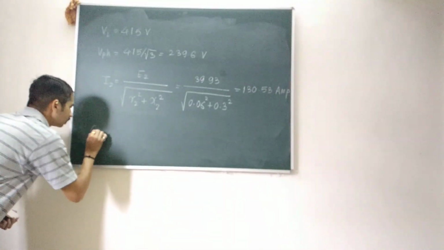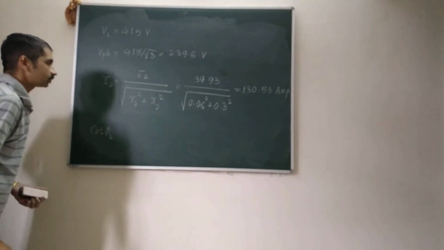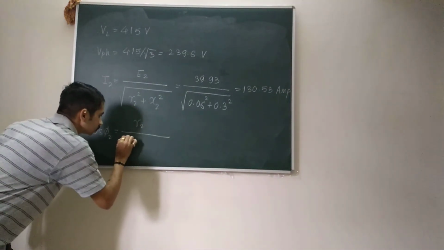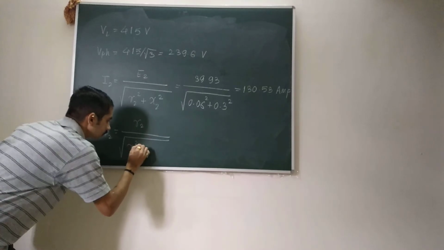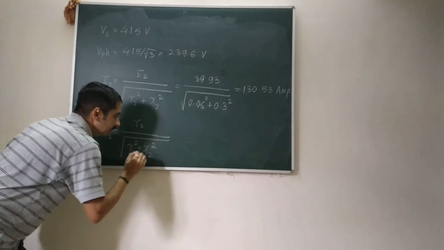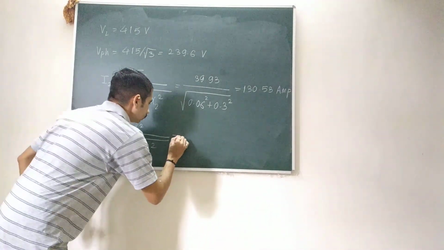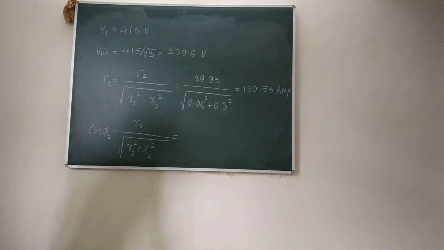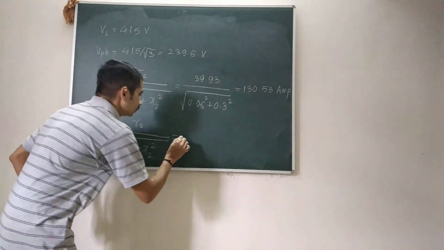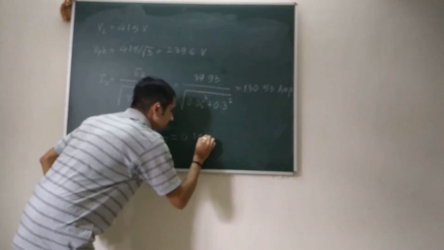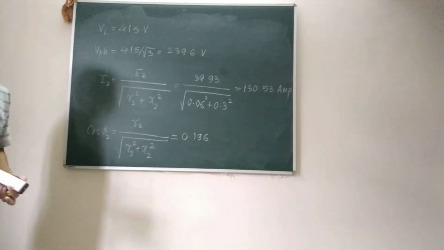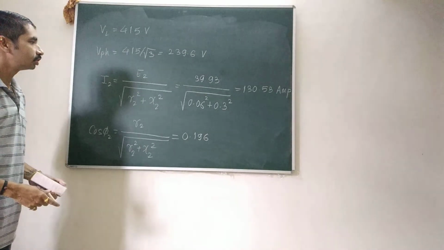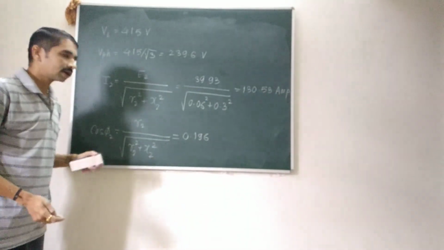The rotor power factor cos phi 2 is given as R2 upon square root of R2 square plus X2 square, which comes out approximately as 0.196. Please check whether you are getting similar values upon substituting all the values in the correct expressions.